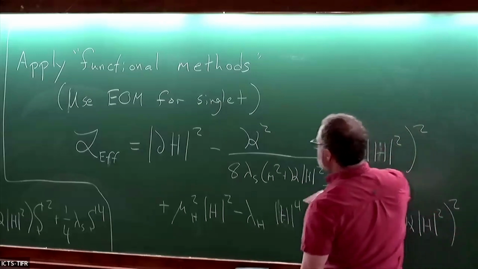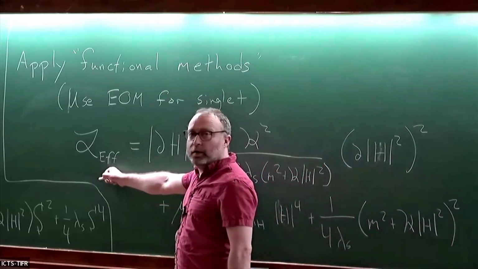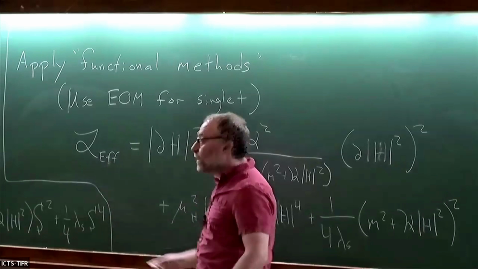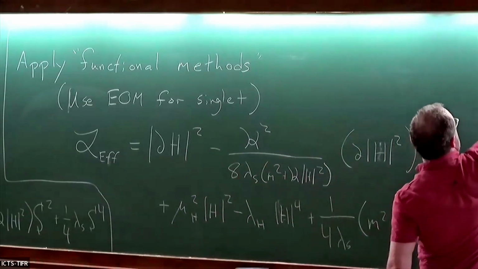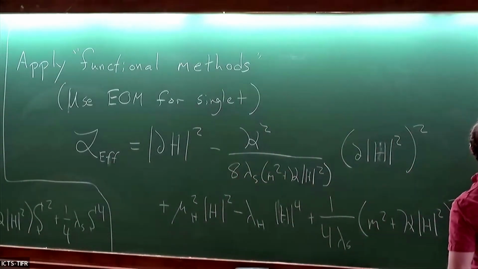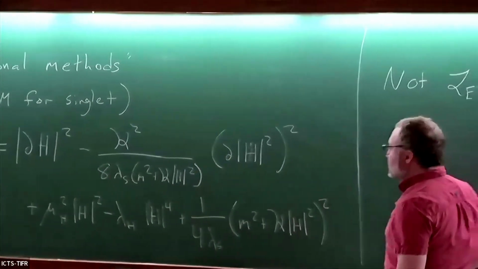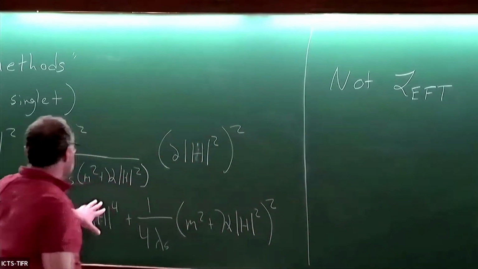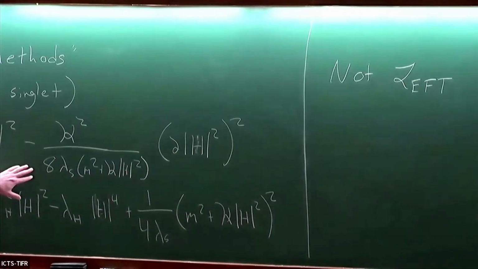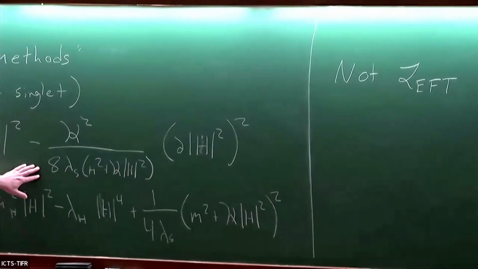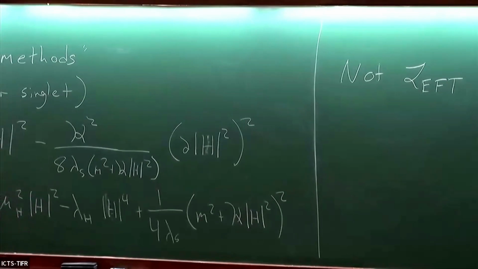Yeah, I just want to take a moment to explain why I'm not calling this the EFT, okay? So this is not, and that's because we have field dependence in the denominator here, okay? So again, what this functional approach lets you do, if you were just matching diagrams, you would be working order by order in the fields and the derivatives, right?